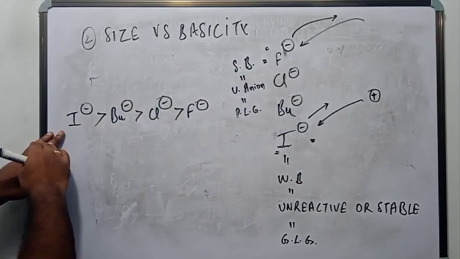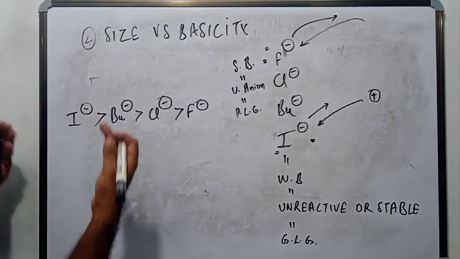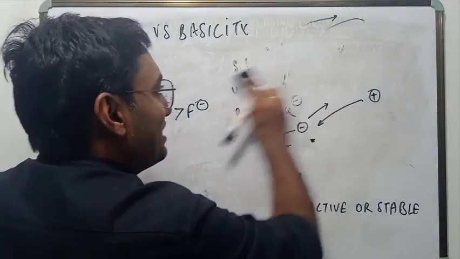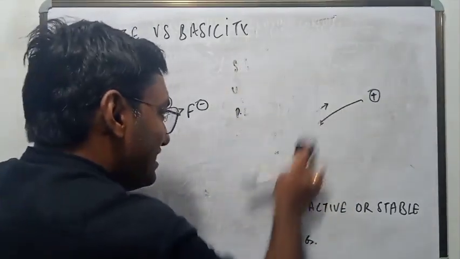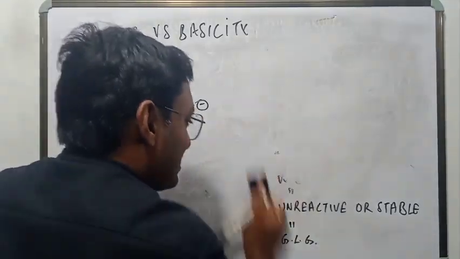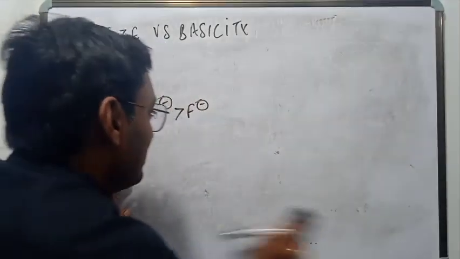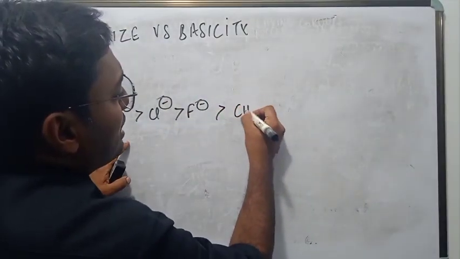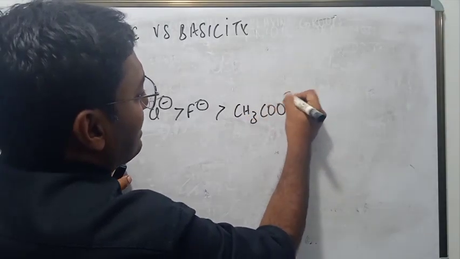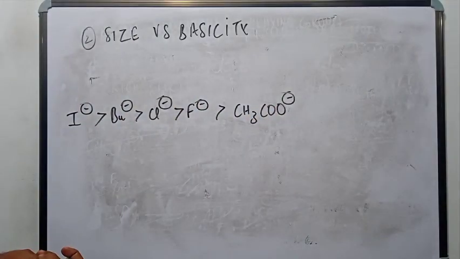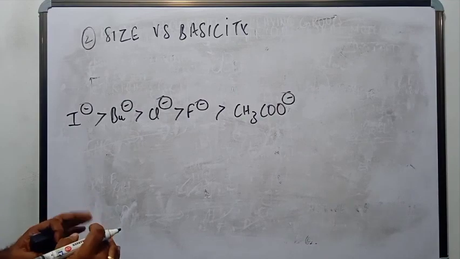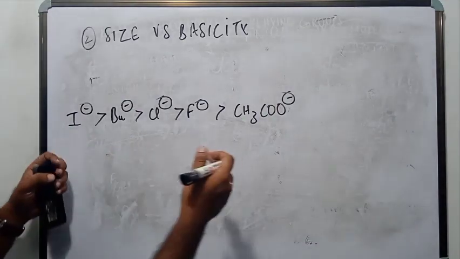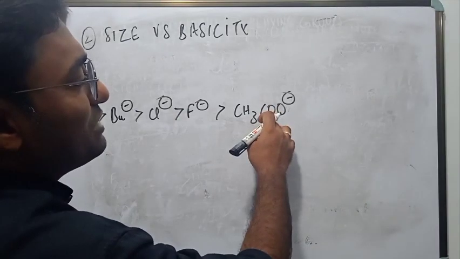And the best leaving group among halogens is I minus, and the reason I have already discussed. Let us complete the order. After F minus, it will be the chance of this acetate ion, because acetic acid is the strongest acid among all of these, so its conjugate base will be the weakest.